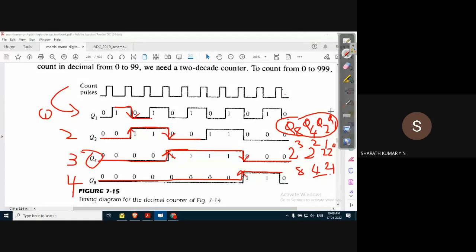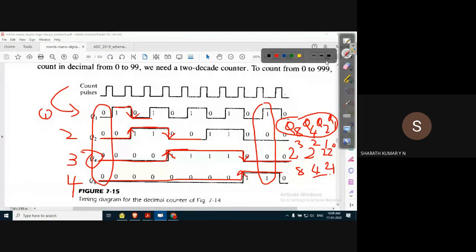Now if you observe this part of the output, here the output is 1001. It has started from the first state of 0000.